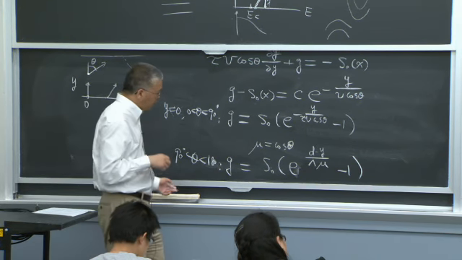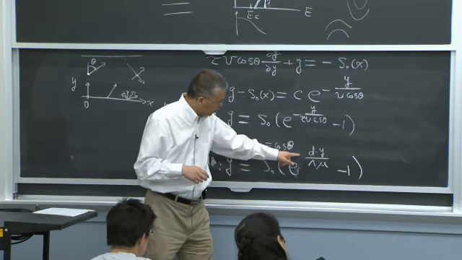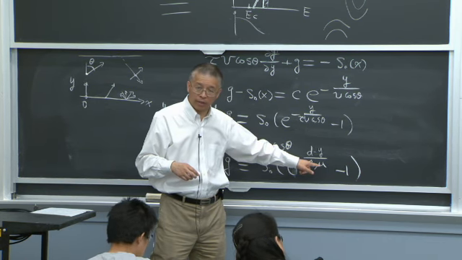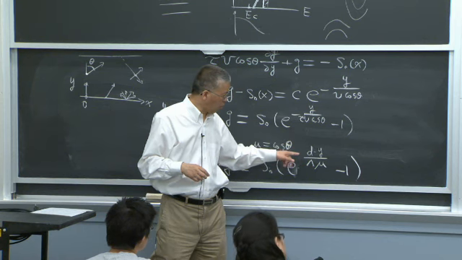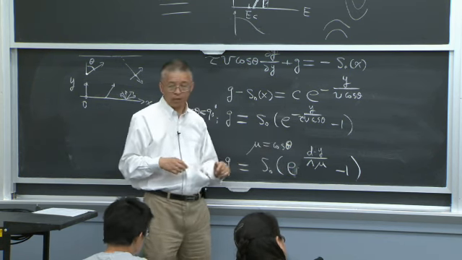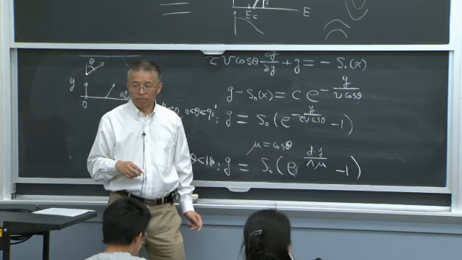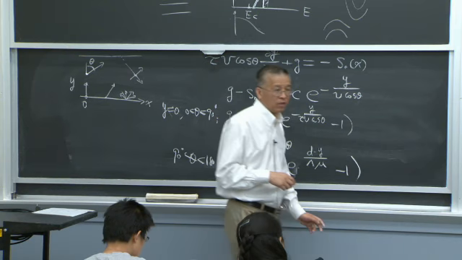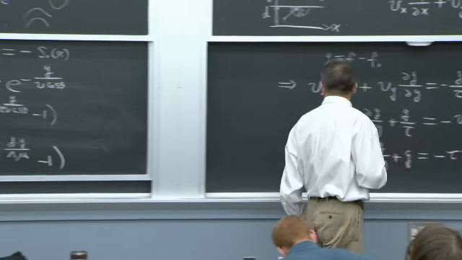So what I have here, you can say this is the exponential decay, because the cosine mu from 90 to 180 is negative. So from the surface it decays, from the surface it decays. That's how I decide my sign. You can think about it in physical terms.